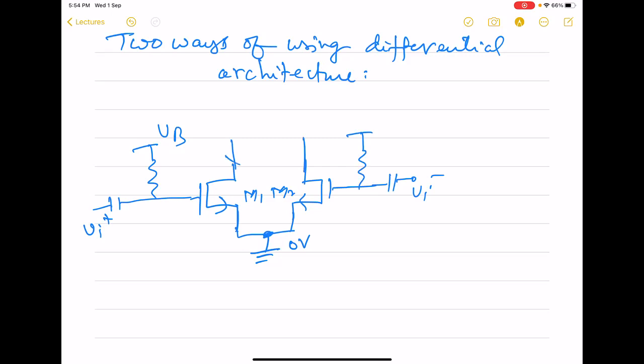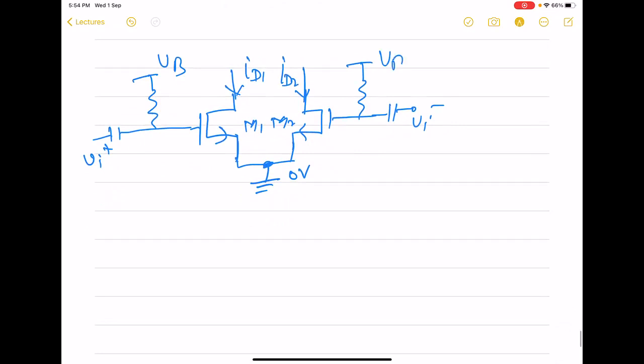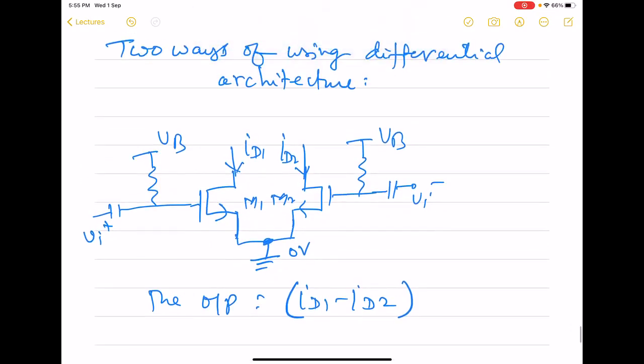And here the output quantity is going to be the difference of these two currents. So this is one configuration.